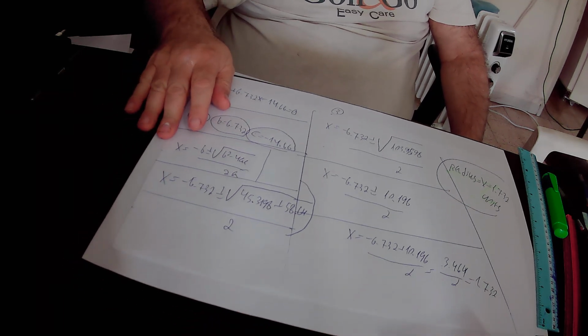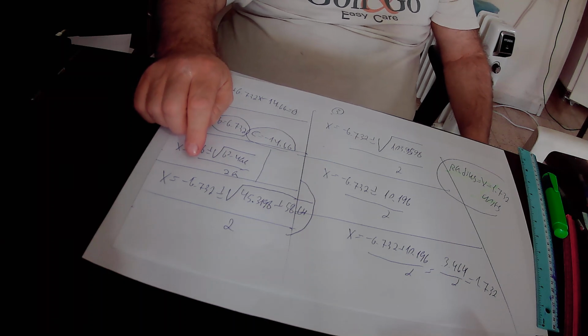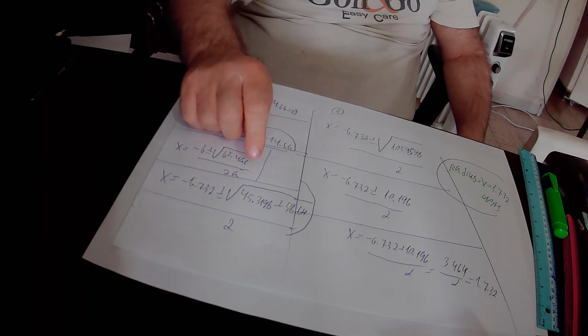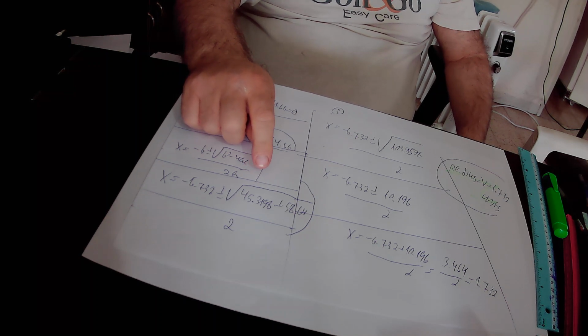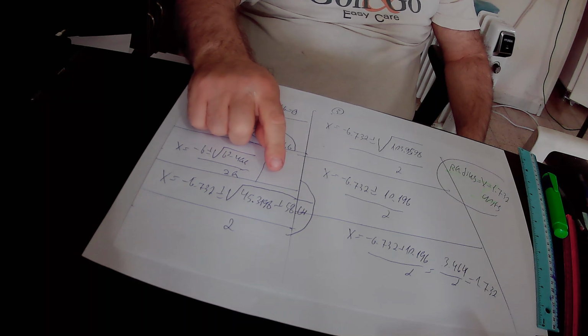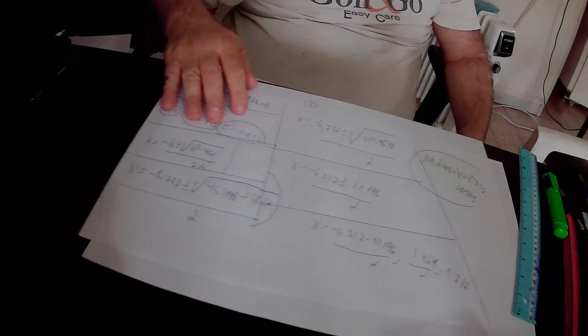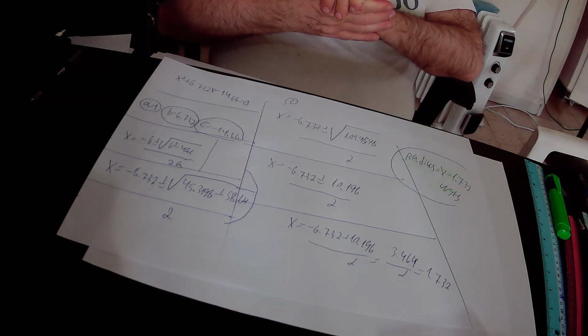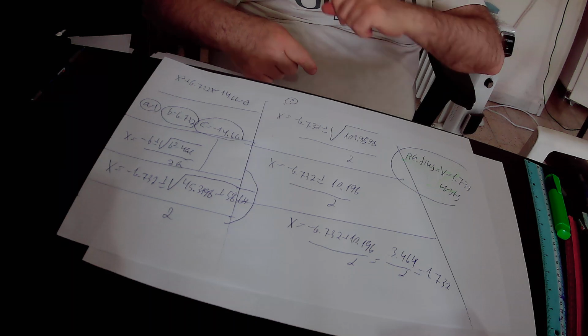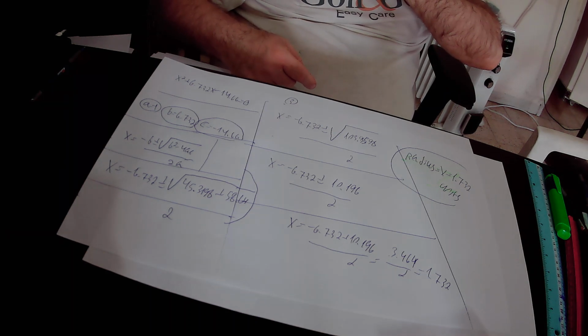So in conclusion, x equals minus 6.732 plus or minus the square root of, inside the root we have 45.3198 plus 58.64, divided by 2. And 45.3198 plus 58.64 equals 103.9598.